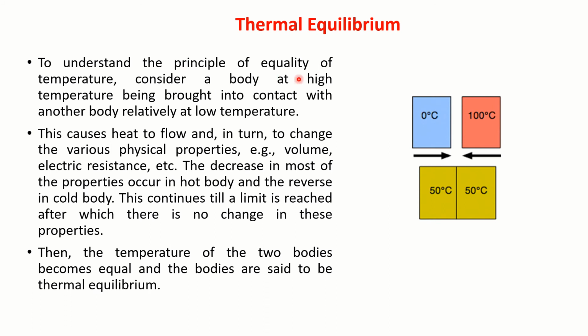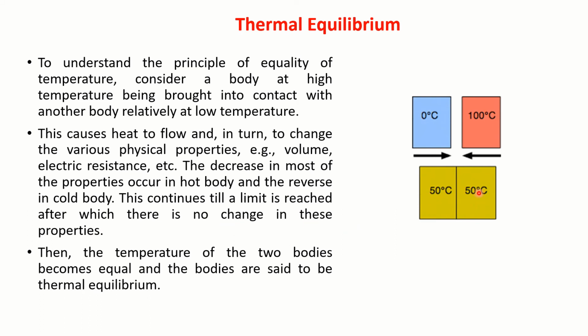To understand the principle of equality of temperature, consider a body at high temperature being brought in contact with another body at relatively low temperature. This causes heat to flow and in turn to change various physical properties, for example volume, electrical resistance, etc. The decrease in most of the properties occurs in the hot body and the reverse in the cold body. This continues till a limit is reached, after which there is no change in these properties.